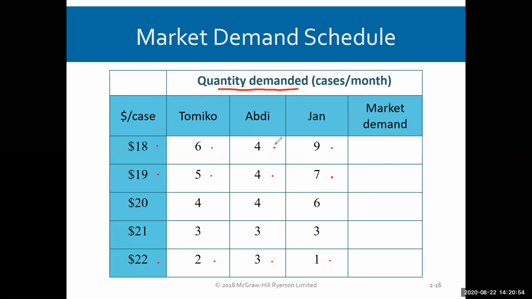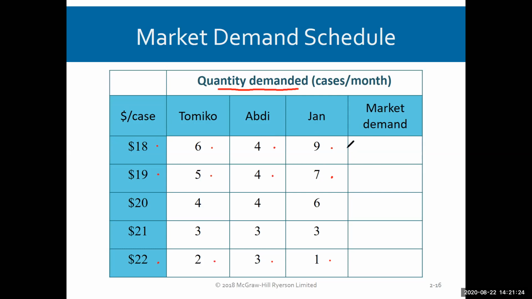So pause again. There are 15 quantities demanded, but right now, there are 3 demands. Tamika's price-quantity relationship, Abdi's price-quantity relationship is the second demand curve, and Jan's price-quantity relationship is the third demand curve.